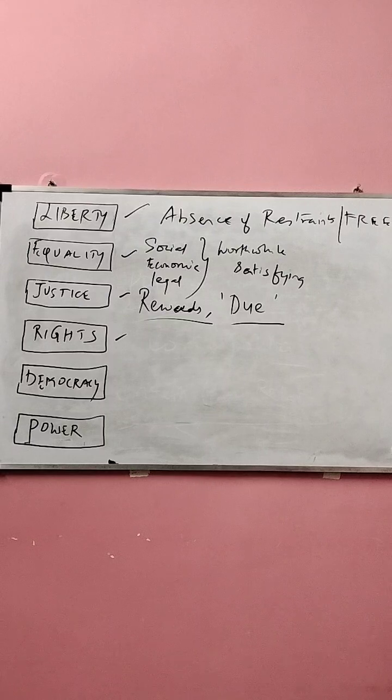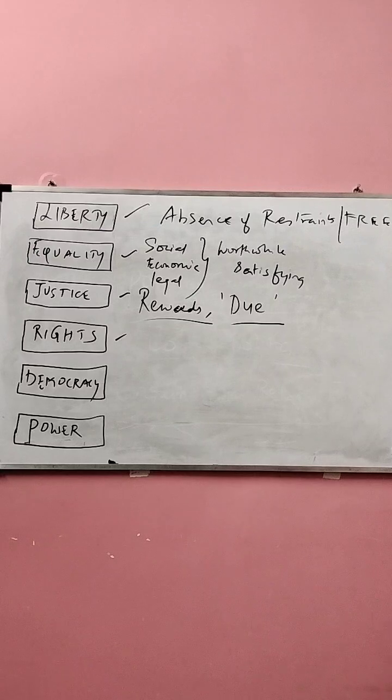If you are not a slave, if you are not beaten, if you are not jailed, if you are not treated like an animal, then this itself was seen as rights during the ancient period. So in the ancient period, the concept of rights was seen in the negative sense. It was seen through power and privilege.